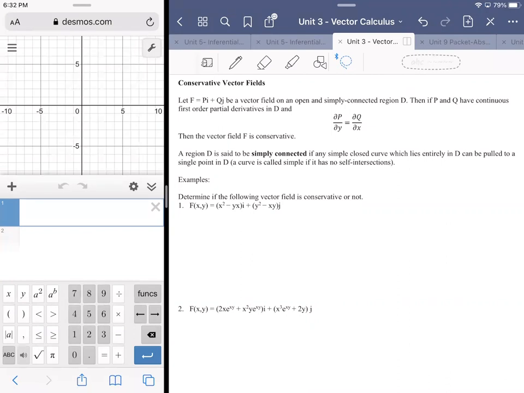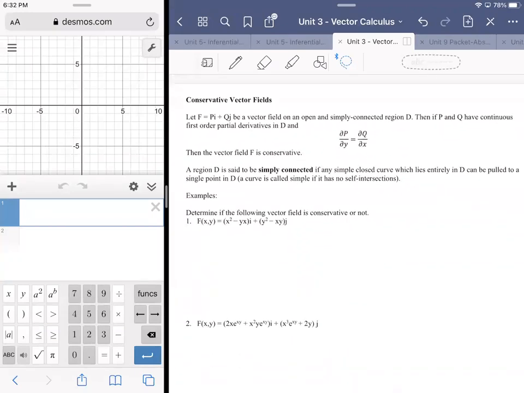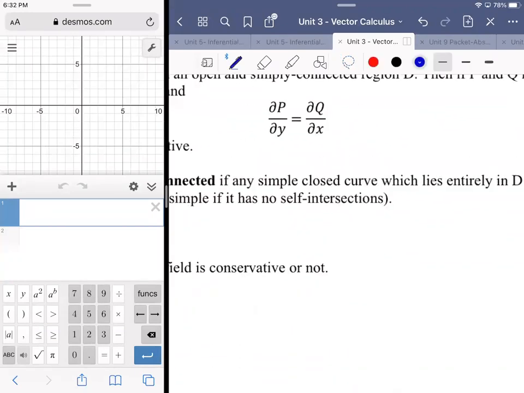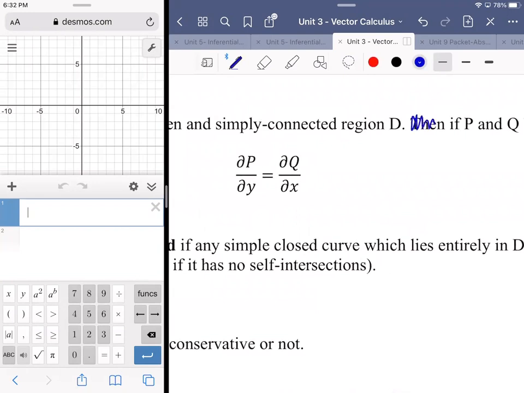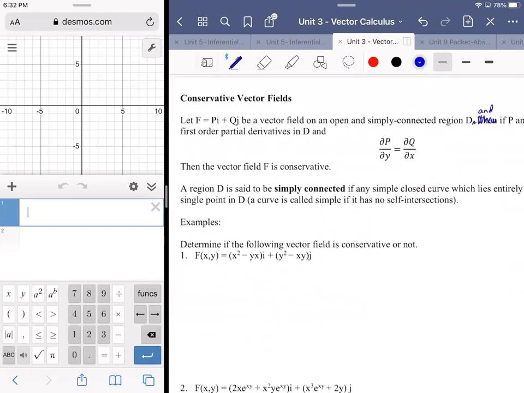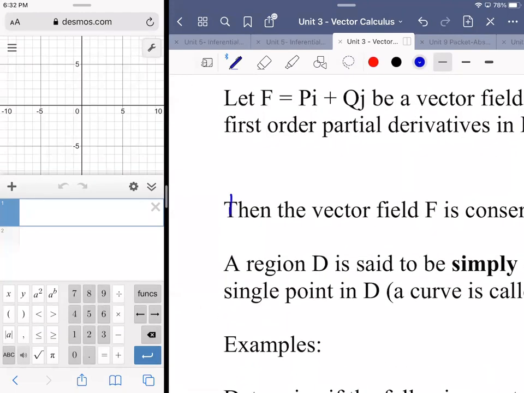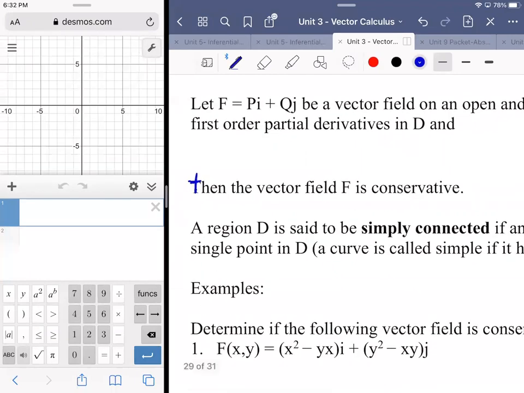If that's the case, then P and Q have continuous first order partial derivatives in D, and those partials are equivalent to each other, specifically partial P with respect to y and partial Q with respect to x. If P and Q have continuous first order partials, then the vector field is conservative.